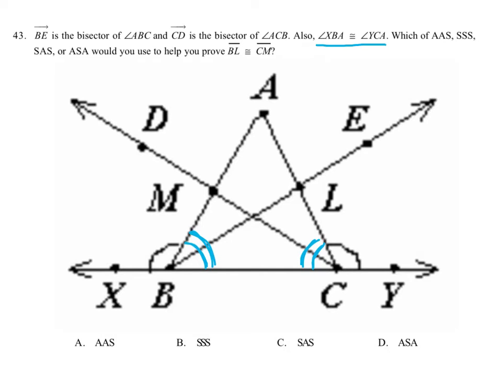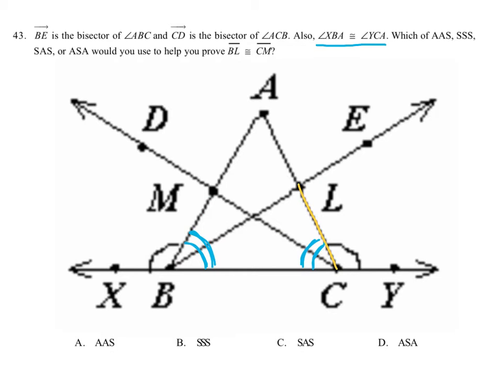We know that. Now there's some triangles here. Let me just trace out the triangles for a second. This triangle right here, of which this right here is an angle, and this triangle right here, because they're asking if BL is congruent to CM. BL is one side of this triangle, and let me trace those out in a couple of colors.